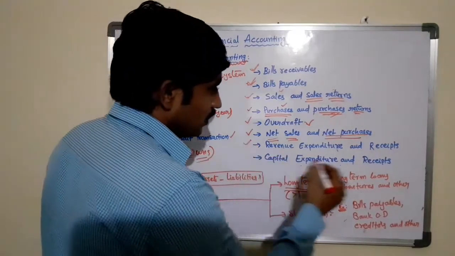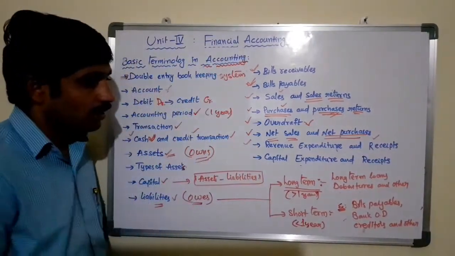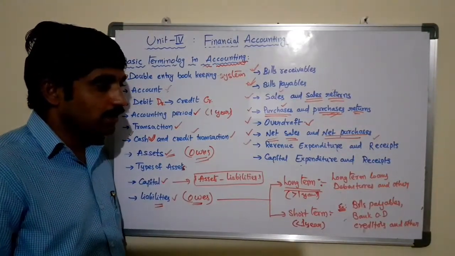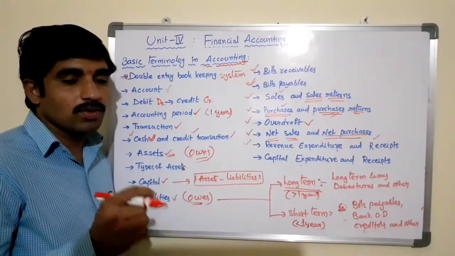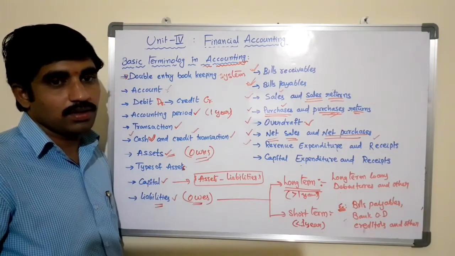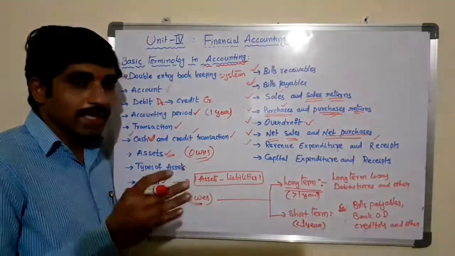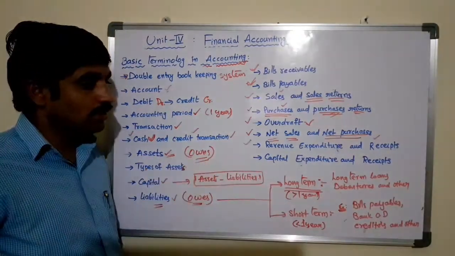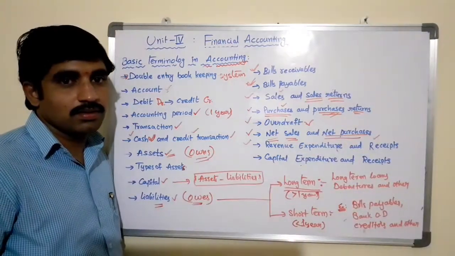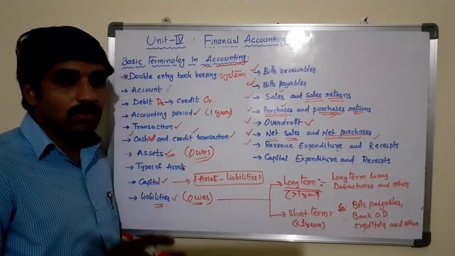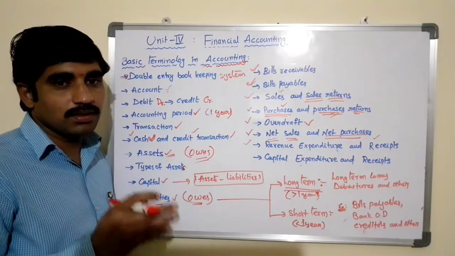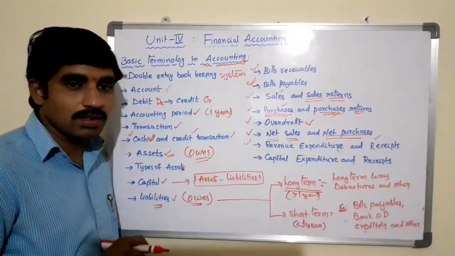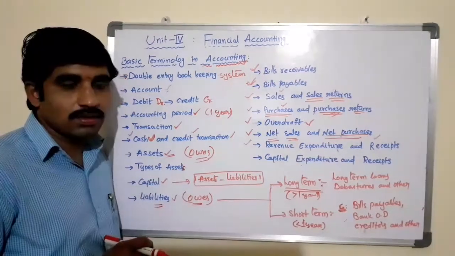Then revenue expenditure and revenue receipts. Revenue expenditure is an expenditure incurred by the business to run in the market, or expenditure incurred on running the business. For example, if you want to maintain the fixed assets in good condition, you need to spend some amount, that is revenue expenditure.